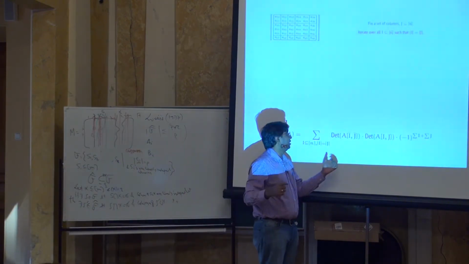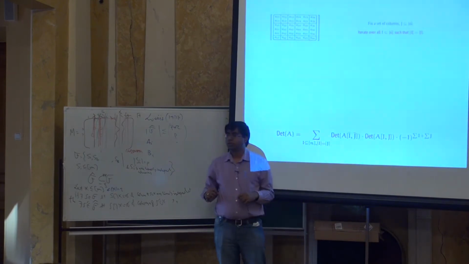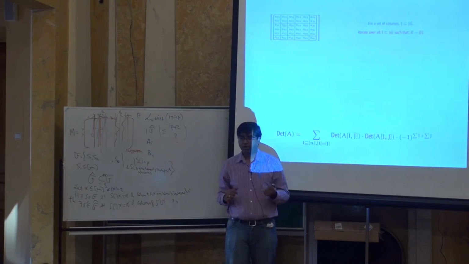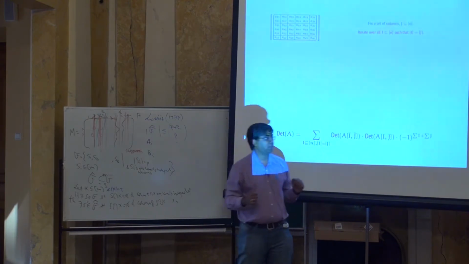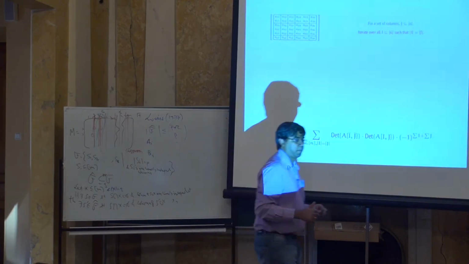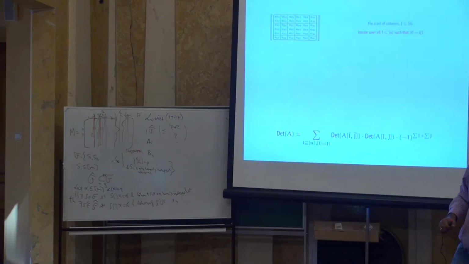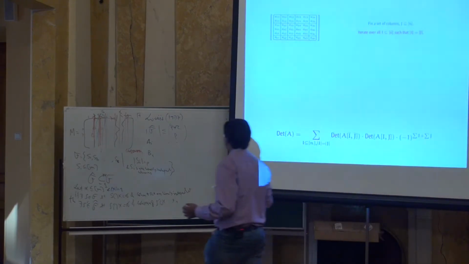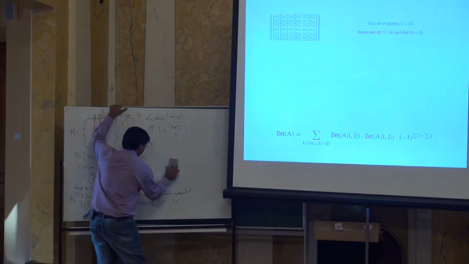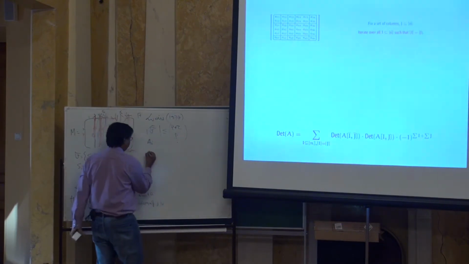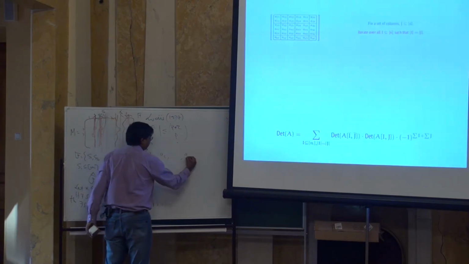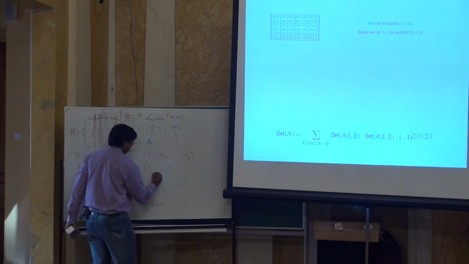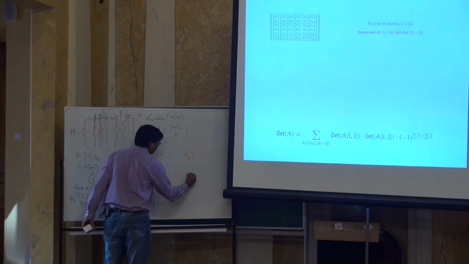All I am trying to tell is that I'm trying to think of the determinant as a kind of big vector multiplication. What do I mean by big vector multiplication? What does this sum up to? Suppose I have vectors a1, a2, up to al, and b1, b2, up to bl.